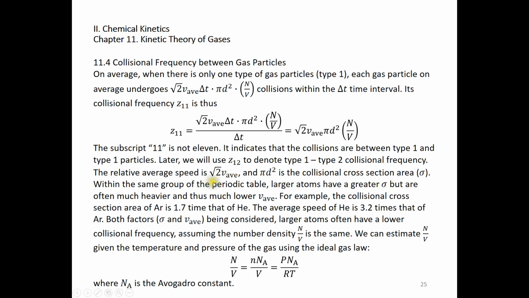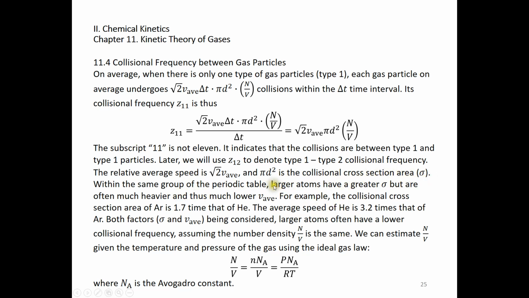Again, the average speed is v sub ave, the square root of 2 is to take the relative average speed into account. Pi d squared is the collisional cross-section area denoted by sigma.